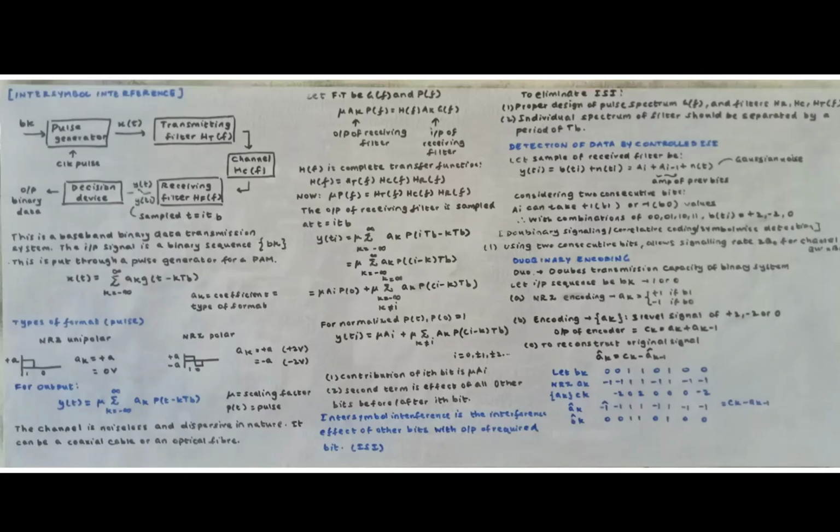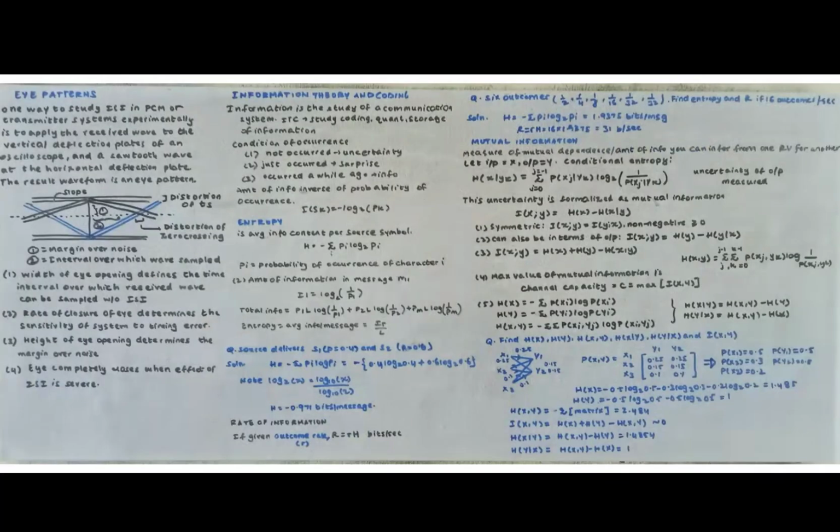Then you reconstruct this by subtracting the prediction of a_(k-1) from c_k. So you take a-hat_k, then it becomes minus 1, 1, 1, minus 1, 1, minus 1, minus 1. And then eventually you have your output signal as the reconstructed signal.